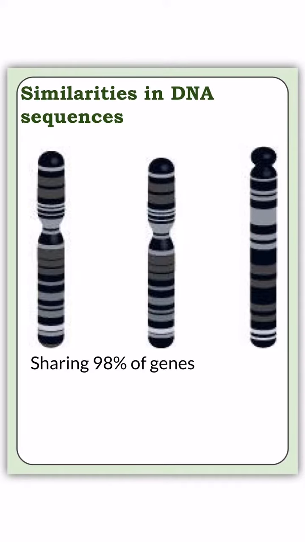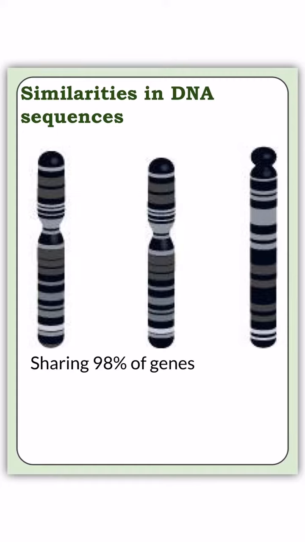All right, first up, looking at the similarities in DNA sequences. Using modern technology, scientists can now directly compare the genes of one living species to another. The more genes that different species share in common, the more closely related those species are presumed to be. So consider humans and chimpanzees.